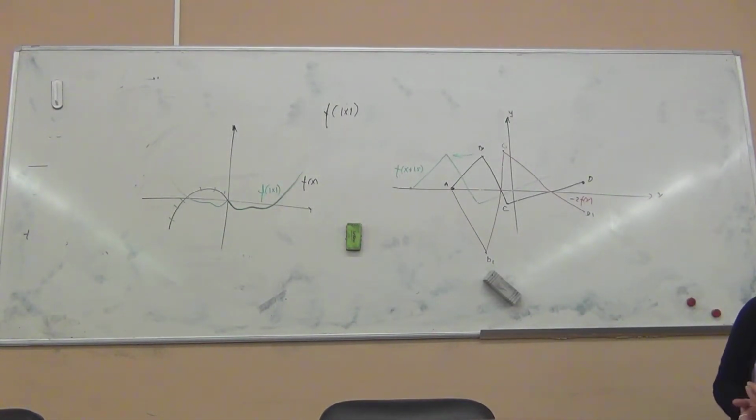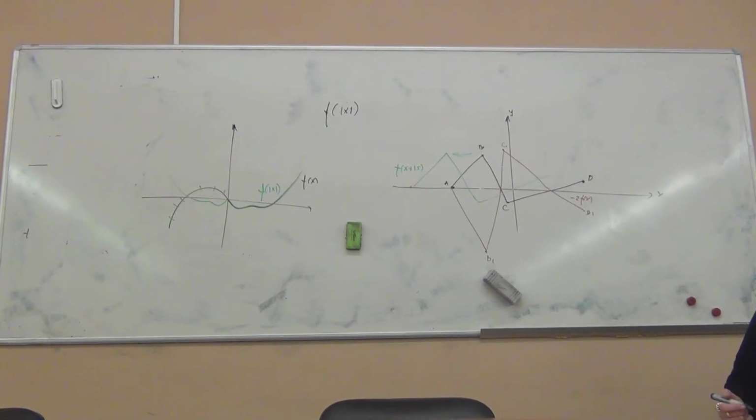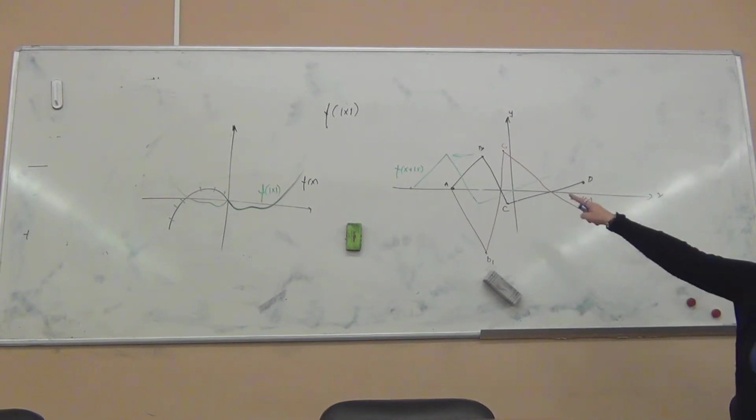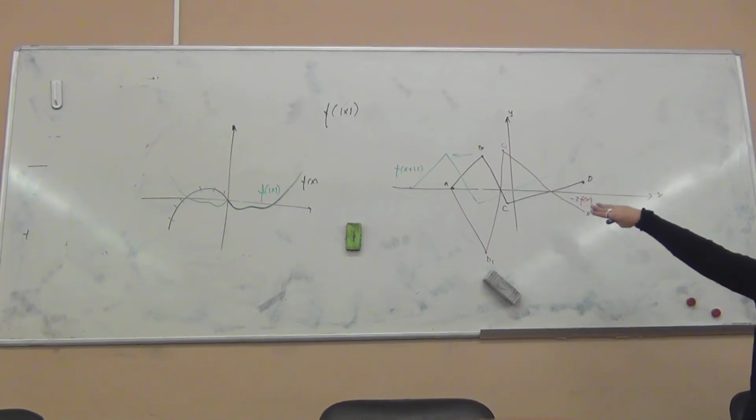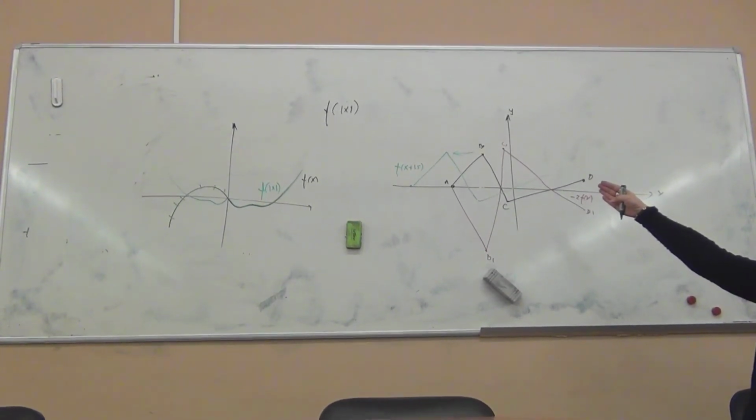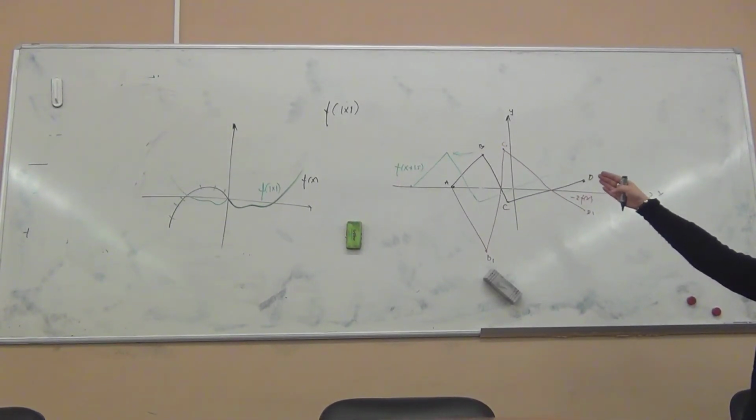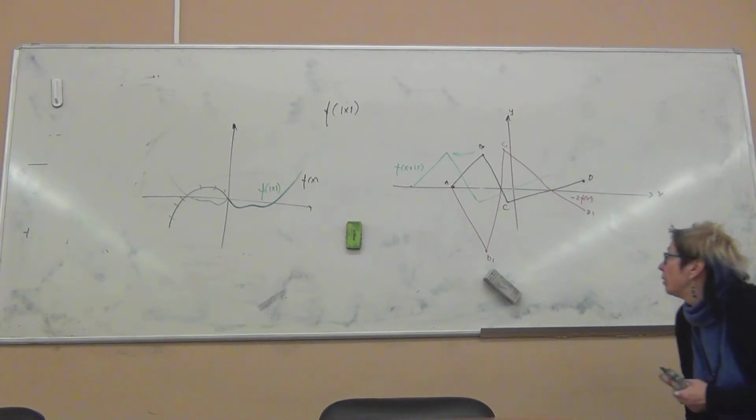Absolute value, modulus of f of x. So we leave the upper part of the original graph where it is, and what's below the x-axis, only this small triangle, only this small triangle gets reflected upwards. So that would be C, absolute value of f of x.